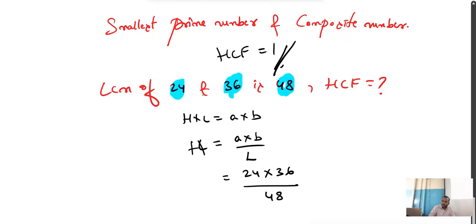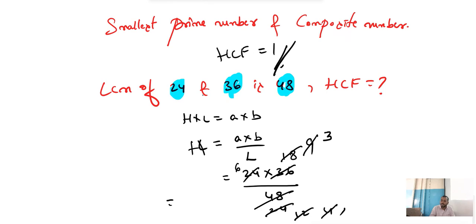L is 48. 2 2s are 4, 2 4s are 8, 2 1s are 2, 2 9s are 18. Next, 3 3s are 9, 3 4s are 12, 4 1s are 4, 4 6s are 24. Then the answer is 6 into 3, 18. Is this clear?